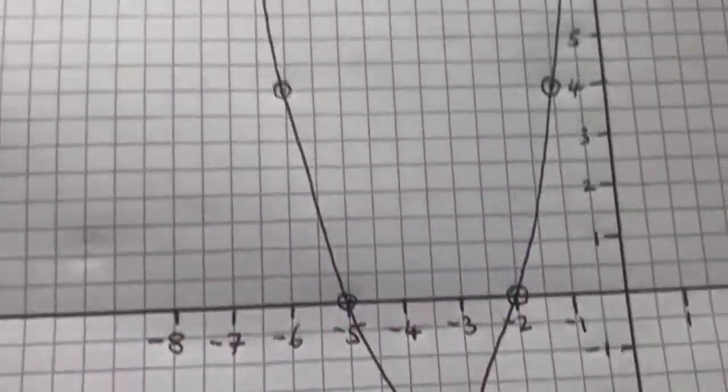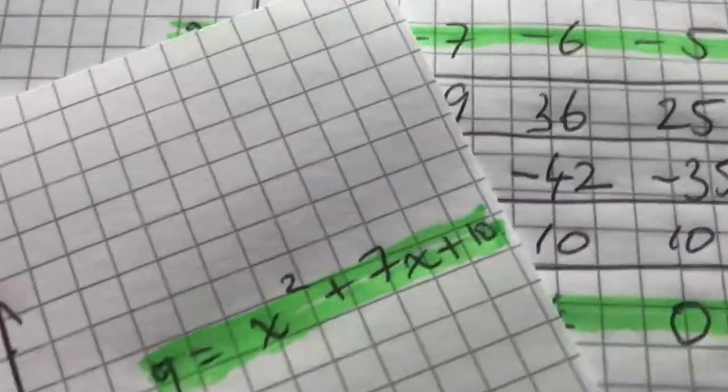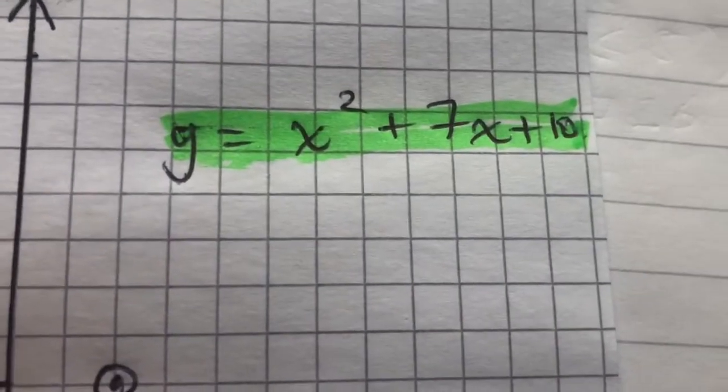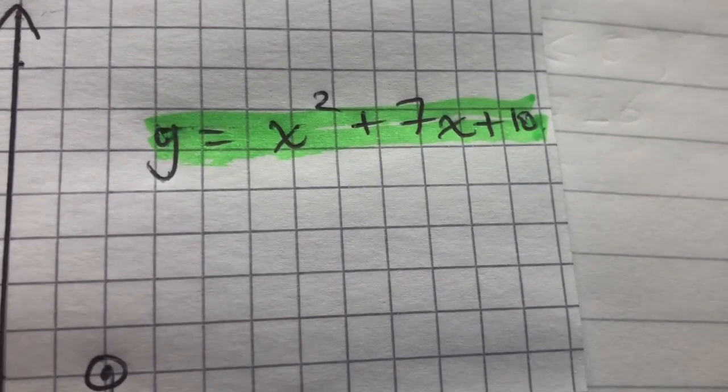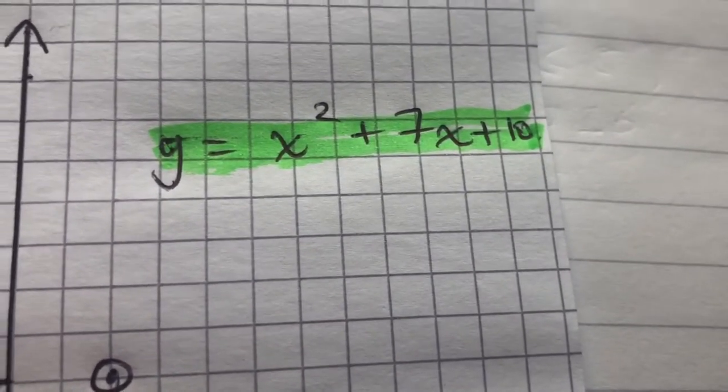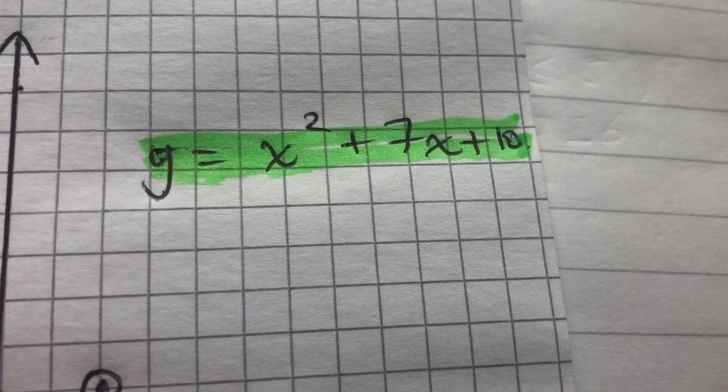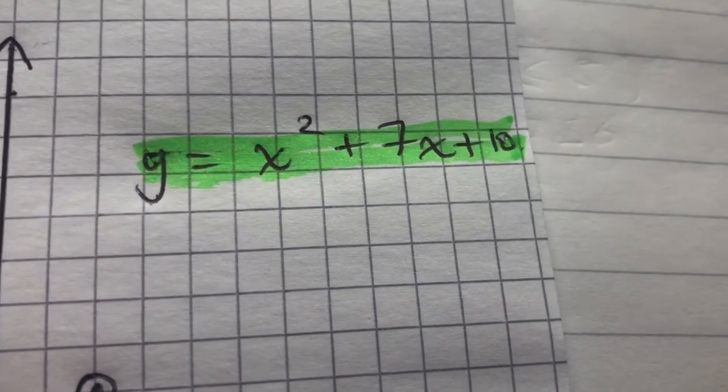Now, one thing to say is, if you take the equation that we've been plotting, that's really a kind of relationship between x's and y's, and so we've shown that on the table, and then we've indicated it on the graph.